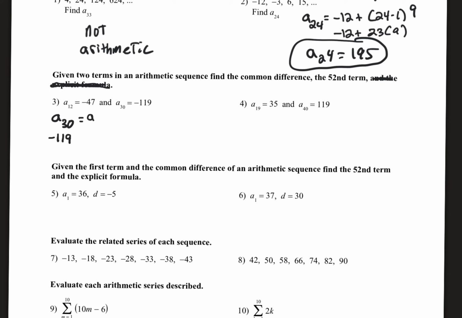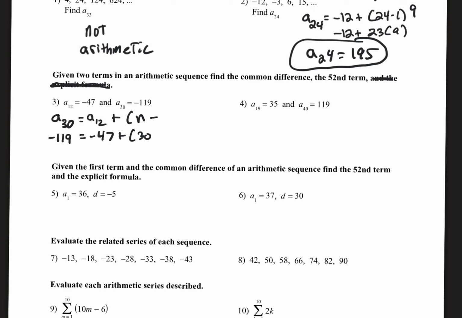That's going to equal A of 12, which is negative 47, plus my n value, which was 30, minus 12.